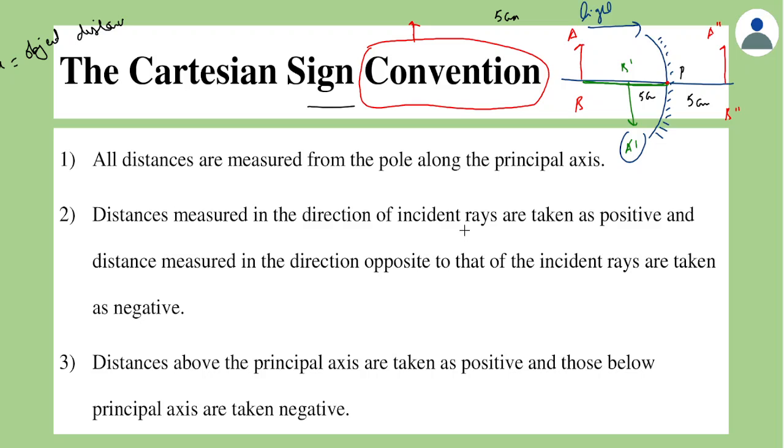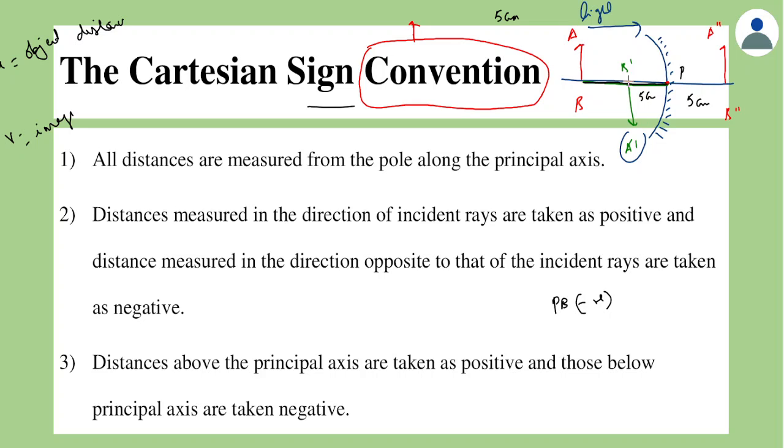The distance between the pole and the image is called the image distance V. In the case of this object, we're starting from point P and going to point B, so we're going against the light. So by this sign convention, PB would be negative.